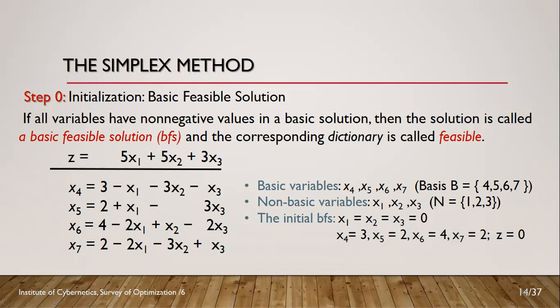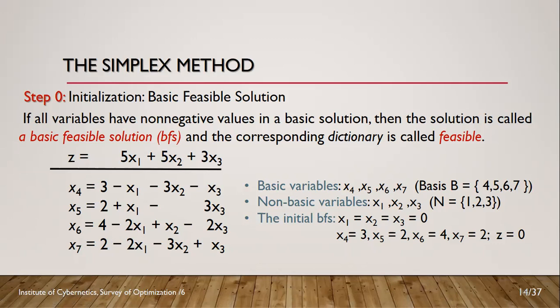And here we cannot increase x of 1 by more than 1, just because 2 divided by 2 is 1. So the maximum by which we can increase x of 1 is the minimum of such ratios. So what we did here to determine the highest possible increase of x of 1 was what we call the minimum ratio test.